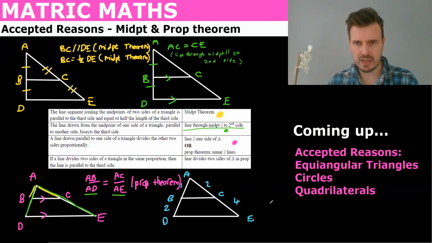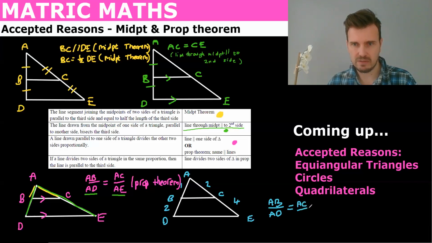So you could say that now what we would say is AC, well, let's actually do AB first. AB over AD. So we're doing this, but we're doing it the other way around because we don't know these are parallel. AB over AD equals AC over AE equals a third.